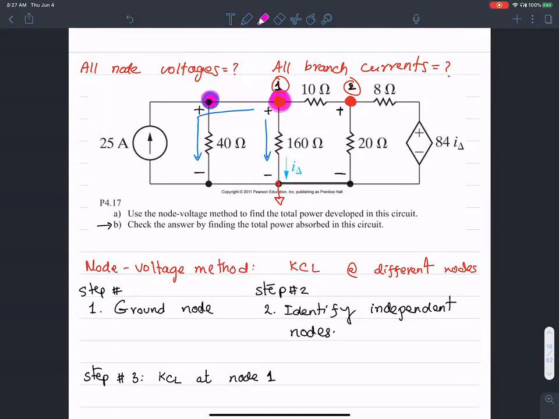What other branches did I not take into account yet? The one on the right with the 10 ohm resistor. So that's the current leaving the branch here. And what else?